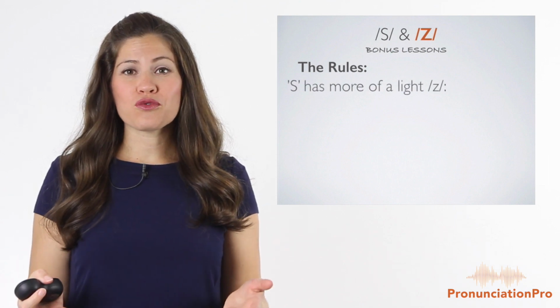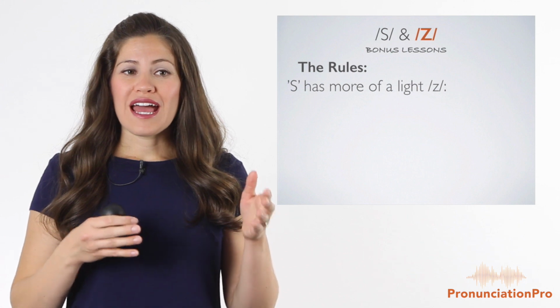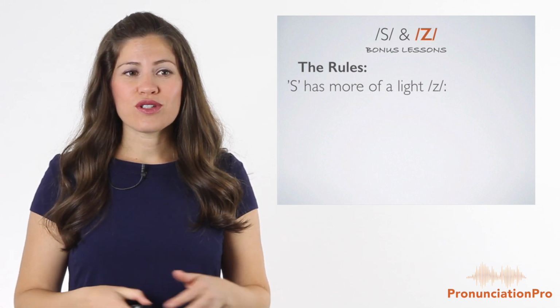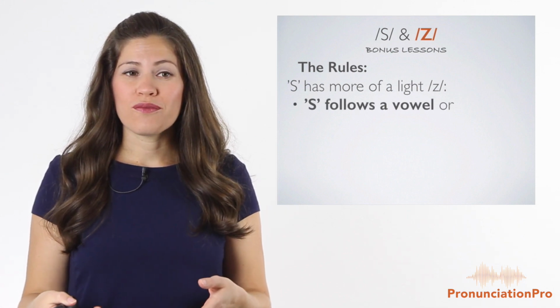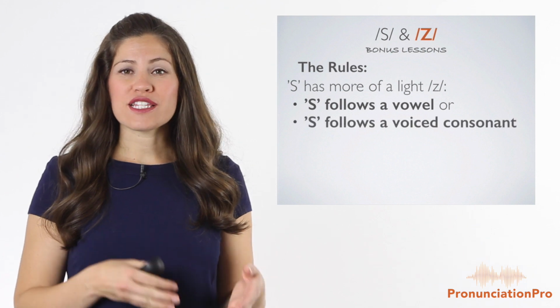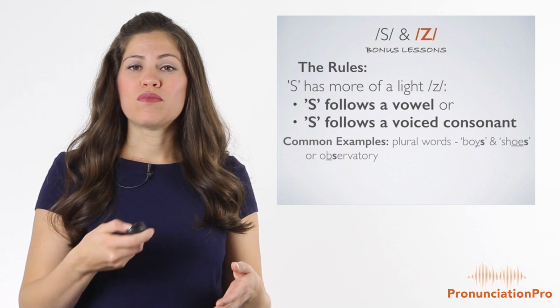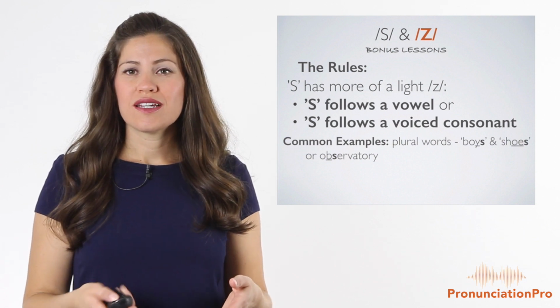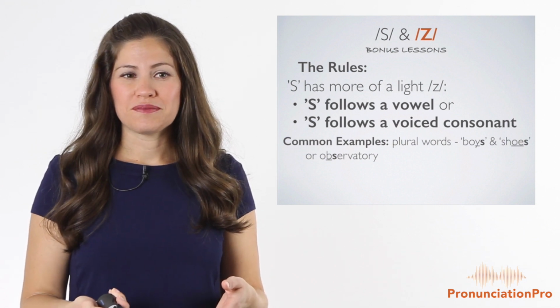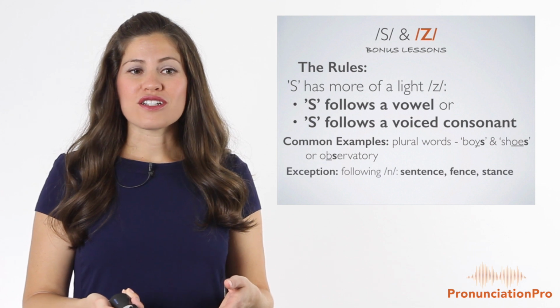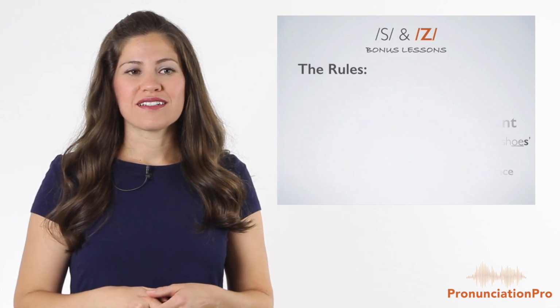All right, so let's review the rules a little bit again. So S has more of a light Z sound when the S follows a vowel or when the S follows a voiced consonant. Okay, so examples: boys, shoes, observatory. And then there are exceptions to that.